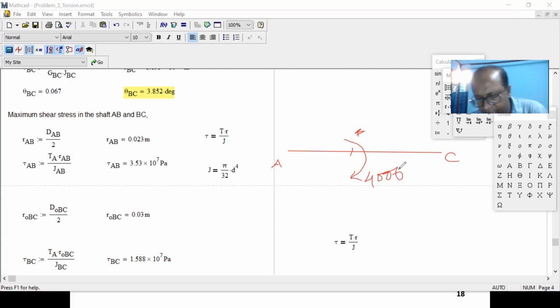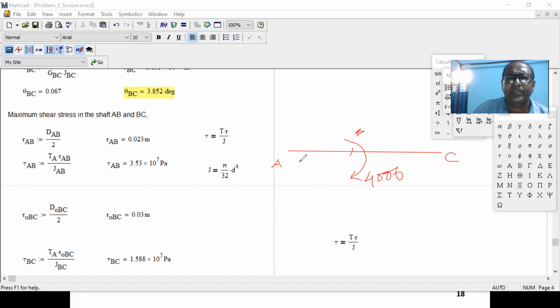External load always should be in the same location. You can transfer it another way, like when we derive the column with eccentricity, we move the force with an extra bending moment. But this one, you need to keep right at this point. Both ends are fixed, right?